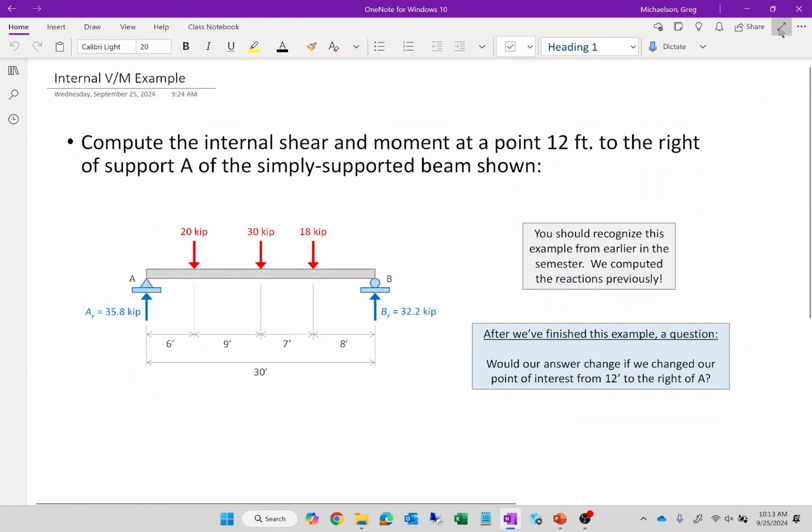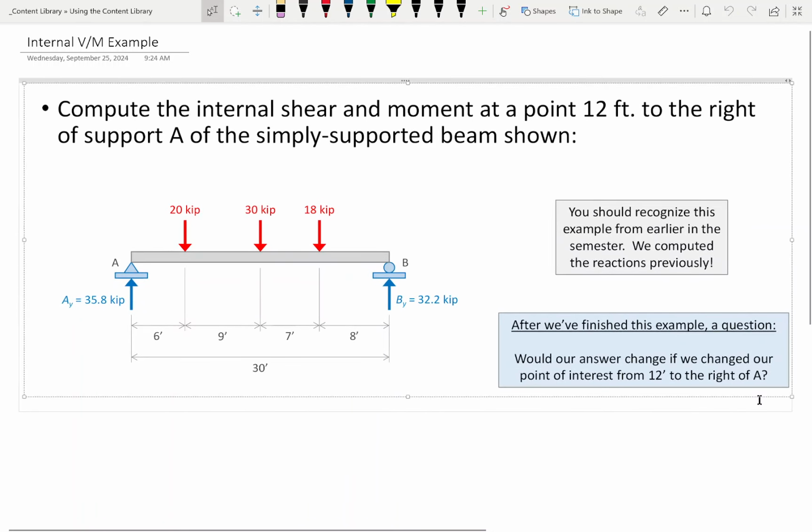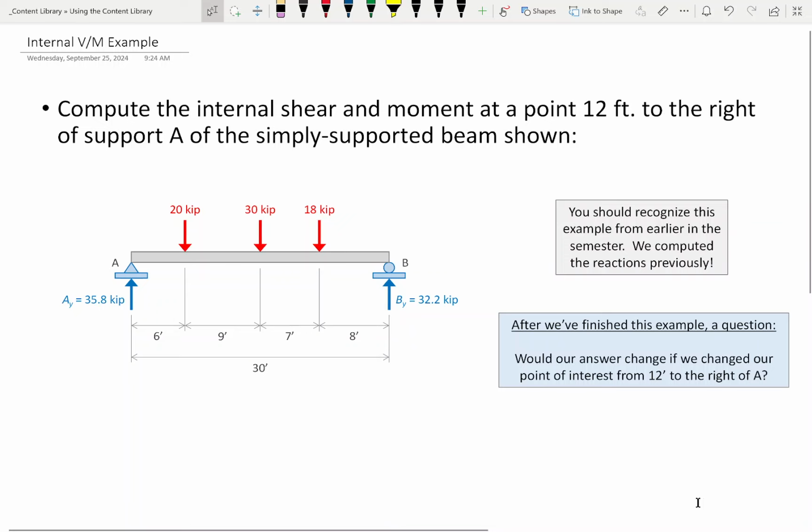All right, so here's our problem, and we're going to compute the internal shears and moments at a point 12 feet to the right of support A. Okay? So I'm going to break out the secret weapon of structural engineering, and I'm going to cut a section right here.